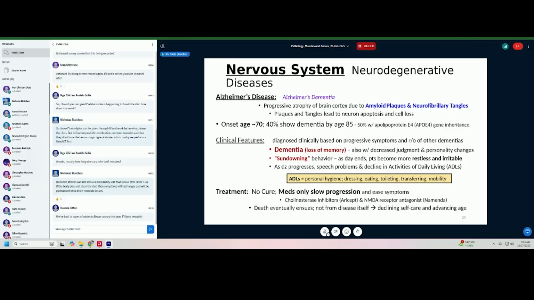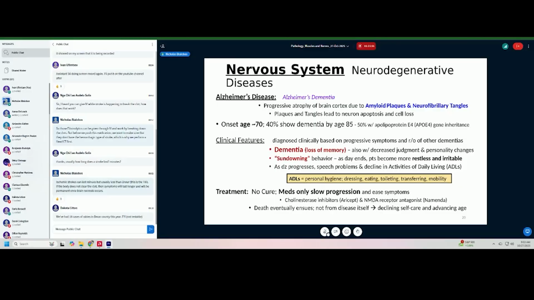Sundowning is a behavior associated with Alzheimer's, where as the day progresses and the sun starts to go down, these patients start to become more irritable and more restless. And the thought process is that Alzheimer's affects the part of the brain that controls our circadian rhythm.